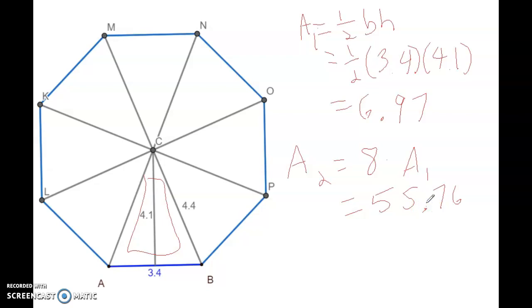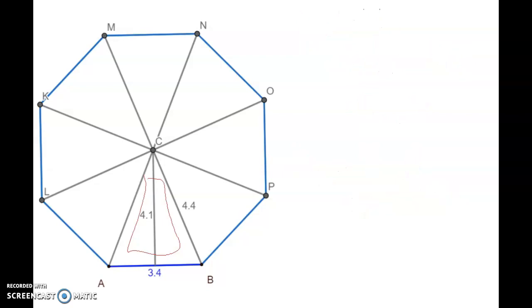So to find the area of the polygon, you can use this formula. You can find the area of a single triangle, and you can multiply it by the total number of triangles that we make. Now that is certainly one method that we can use, but we're also going to look at a different method that works equally as well.